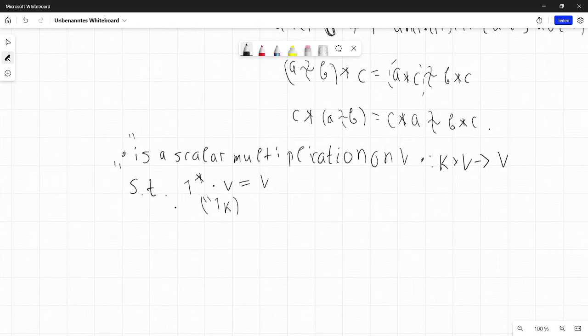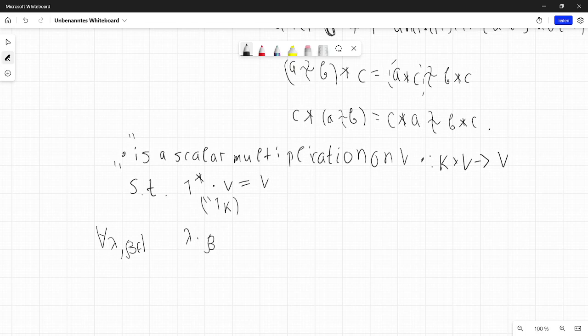Such that this holds, and of course again, I maybe should write it here because we now have objects from two different structures. So let's write it.